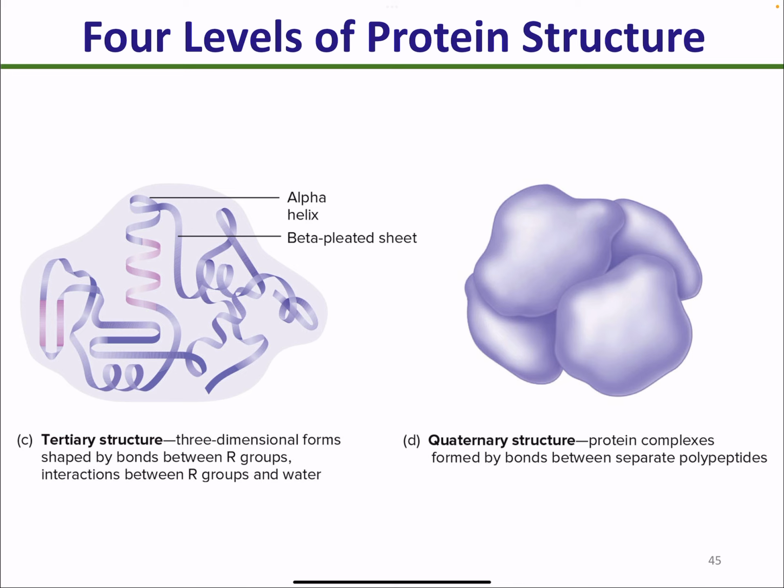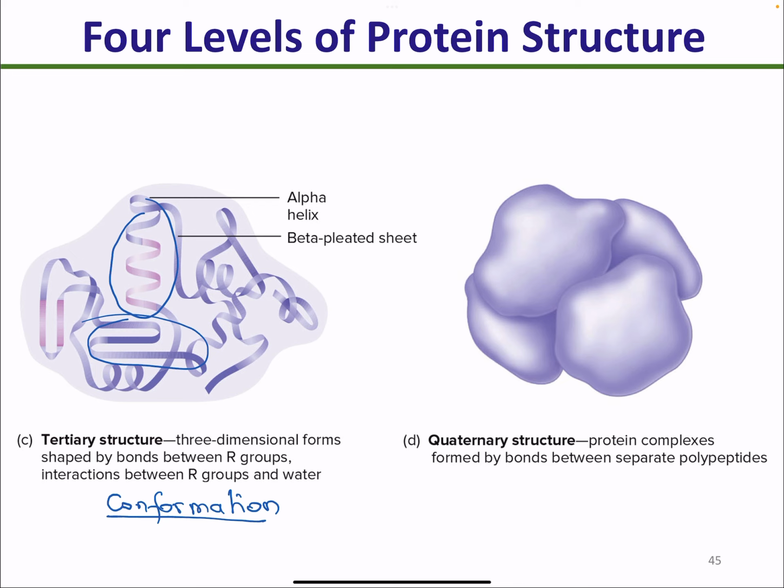So we are going to have some alpha helices here, some beta pleated sheets here, so that we are going to have a protein that is going to develop a 3-dimensional shape, what we're going to call the final conformation. That 3D conformation is essential for the function of a protein.